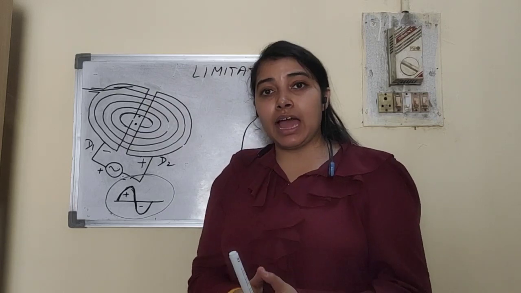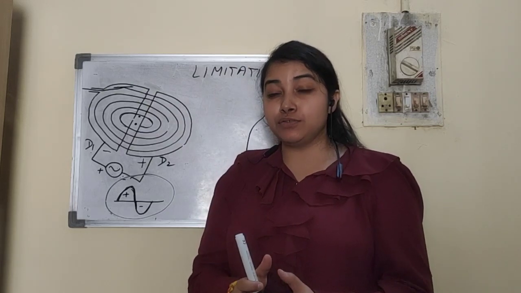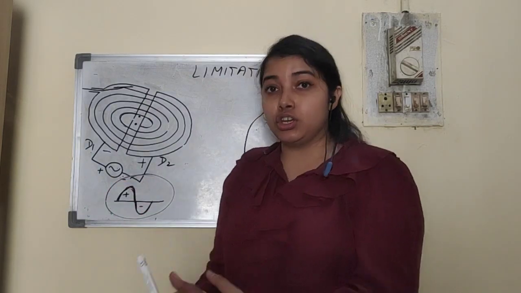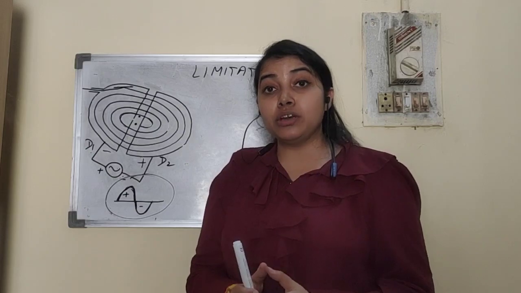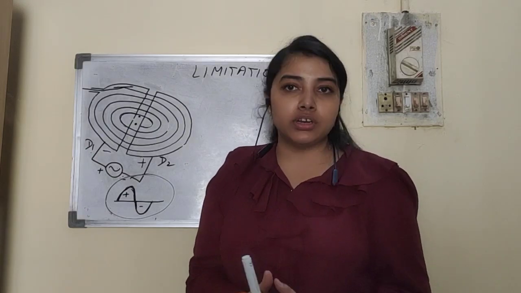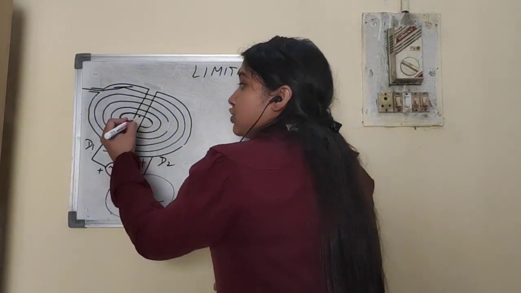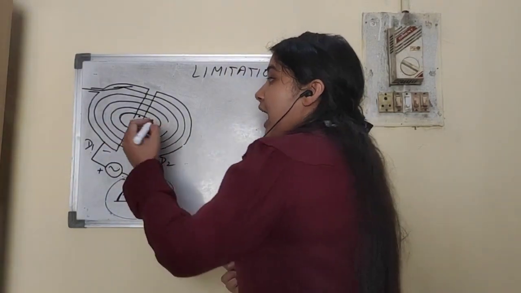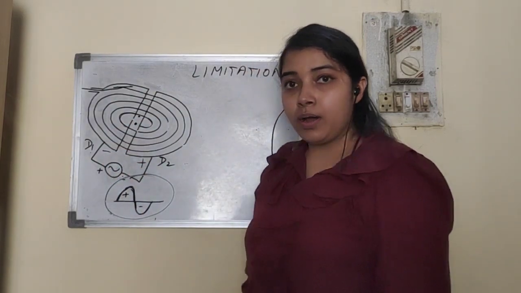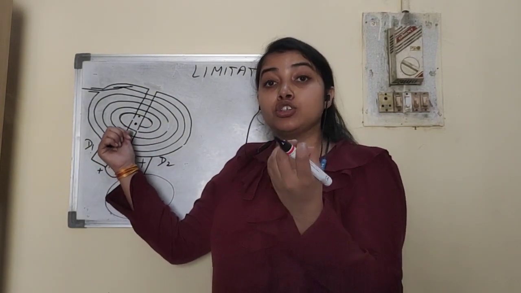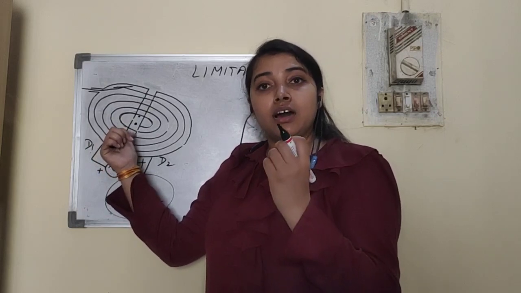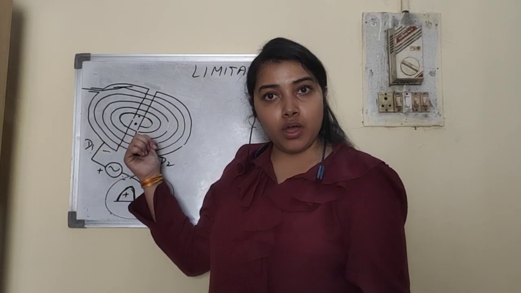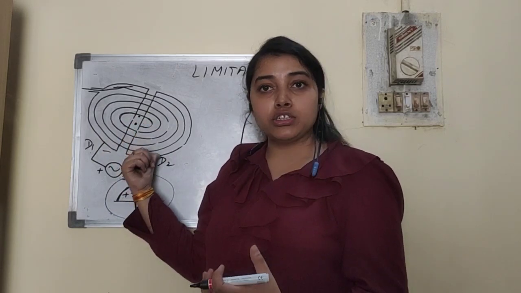In the beginning, I told you that the cyclotron is a device used to accelerate charged particles. From the working and construction, you clearly understood that the cyclotron cannot be used to accelerate a neutral particle, because initially when the charged particle is placed in the gap between the D's, it is attracted towards D2 because of its positive charge. If the particle were neutral, it would not be attracted towards D2, because only a charged particle can be attracted towards the opposite charge.